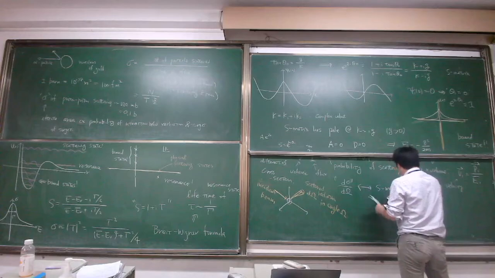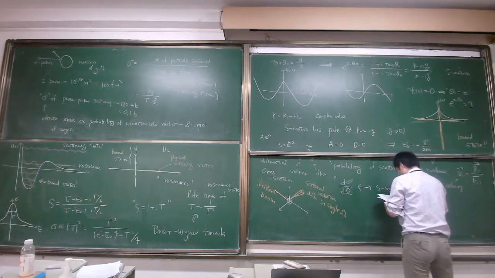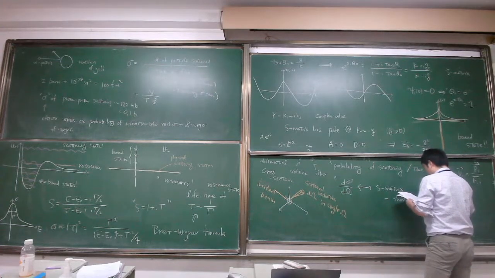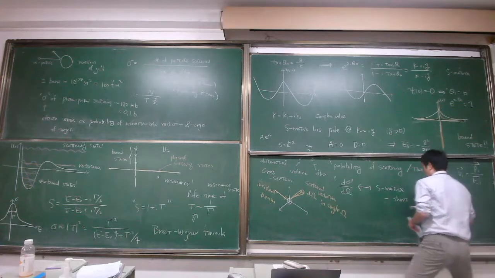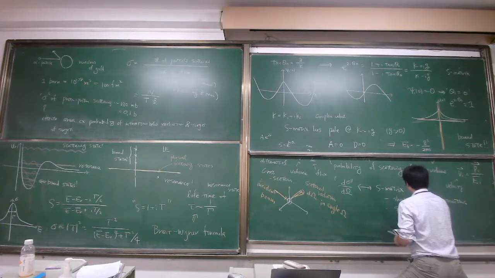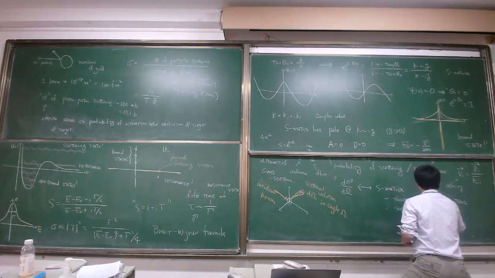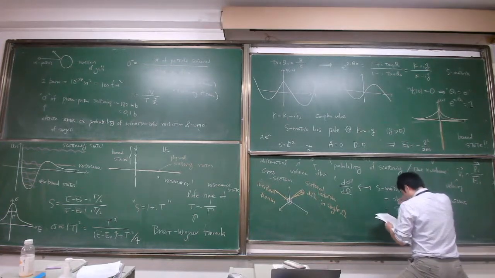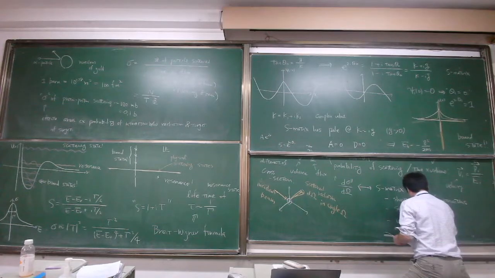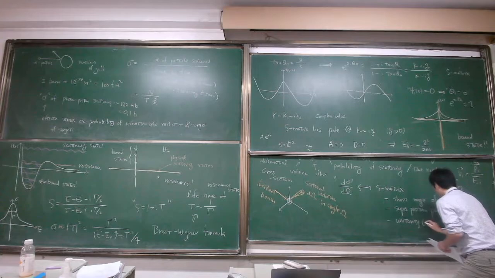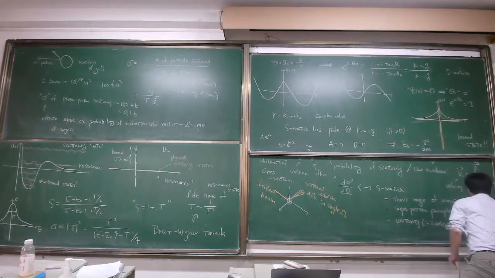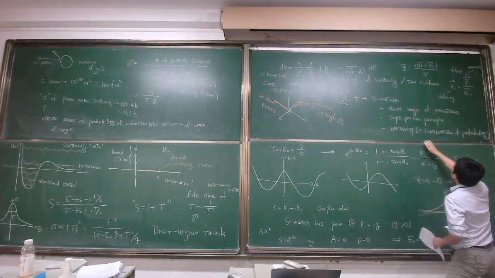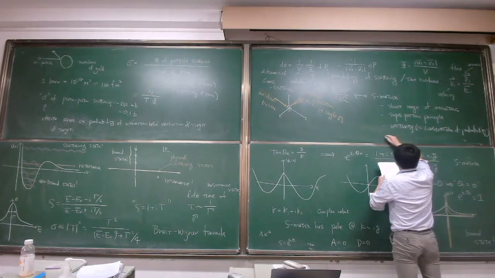The general properties of S matrix theory are short range interaction, then the superposition principle, and then unitarity, which is equivalent to conservation of probability. Another property is Lorentz invariance.